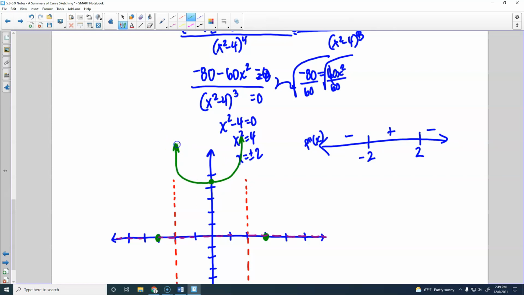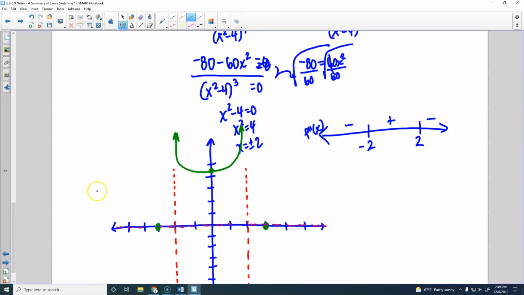And these would be asymptotes here for this middle part. On this side, I need to be decreasing, and second derivative is negative, which tells me concave down, right? So decreasing and concave down would look like this. Hold on.